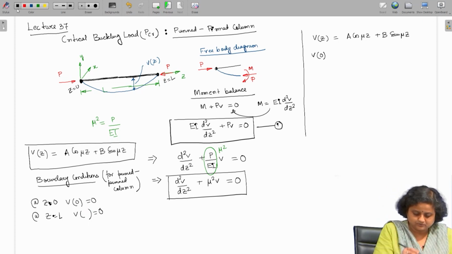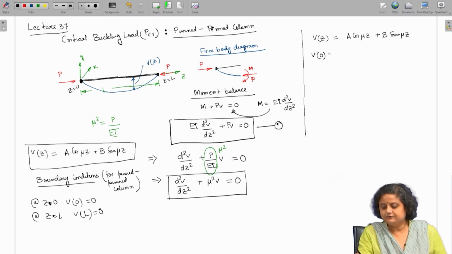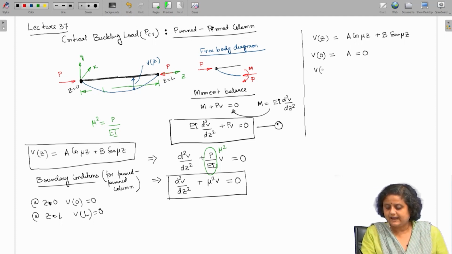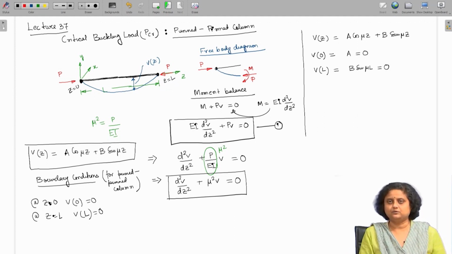So, this is going to be VL. So, V0 is going to be A, and that is equal to 0. Now, VL therefore is B sin mu L, and that also has to be equal to 0.